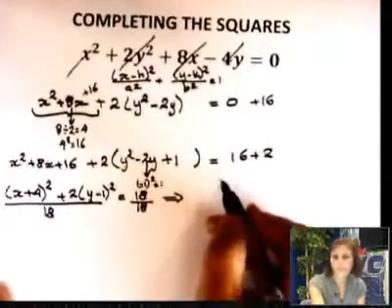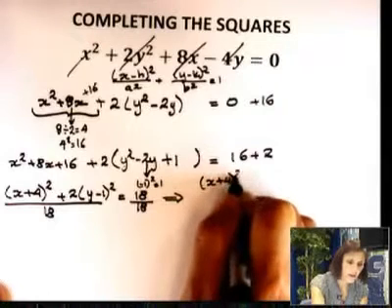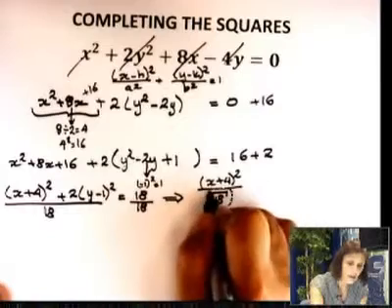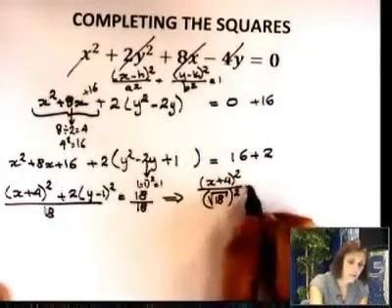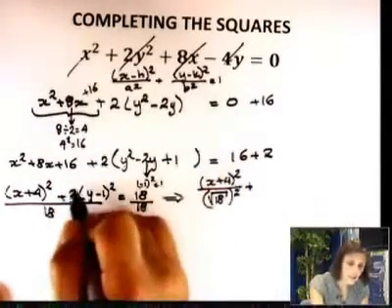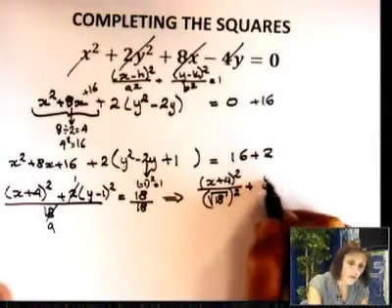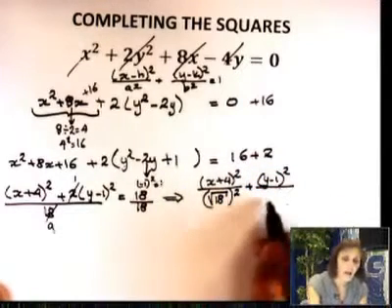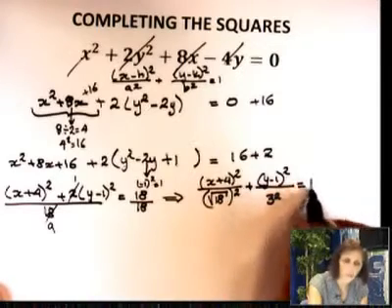I have (x plus 4) squared over square root of 18 squared, because I need to have a square at the bottom, plus, now 2 divided by 18, that cancels out 1 and 9, so I have (y minus 1) squared over 9, but 9 is 3 squared, equals, guess what, 1.